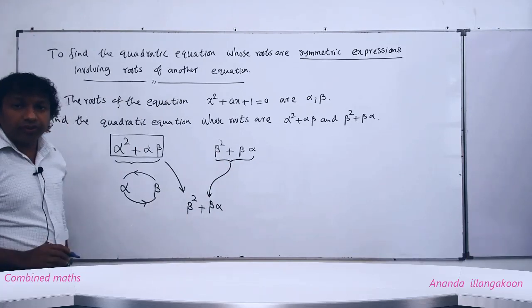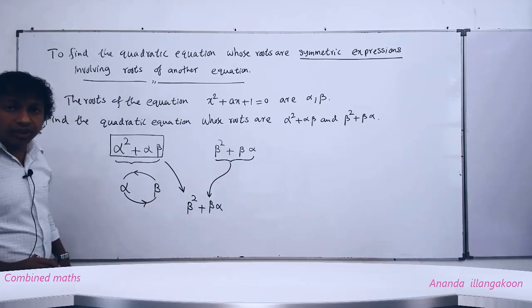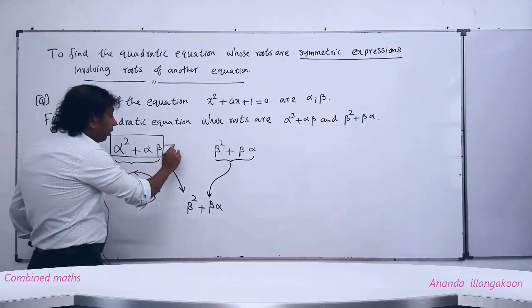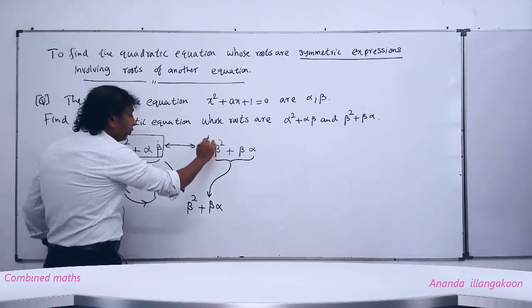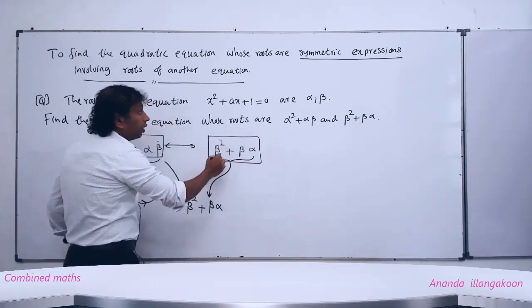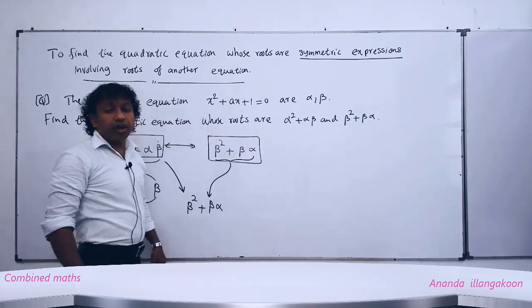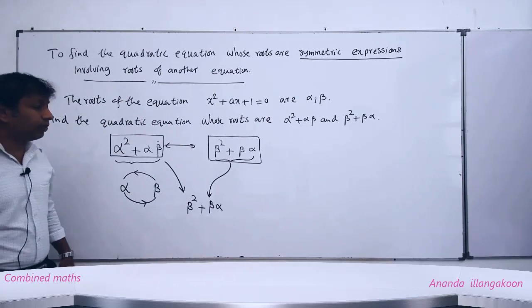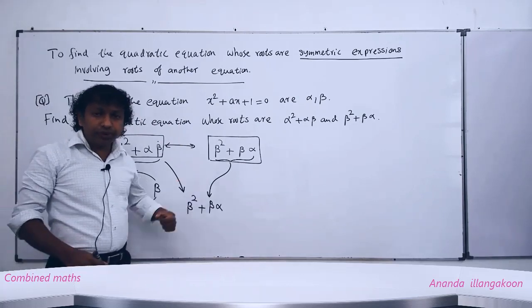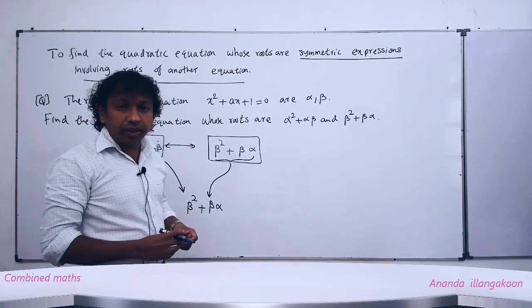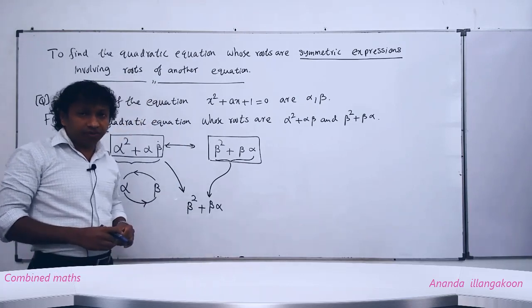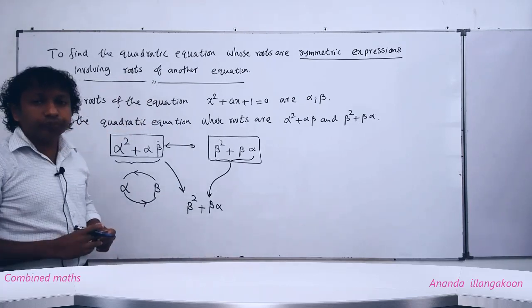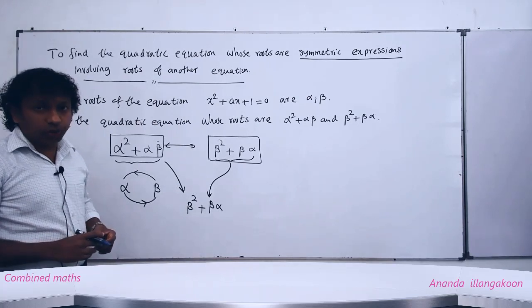Then we say the roots, this and this, are symmetric. Understand? So simply, take one root and identify the number of different letters available. Usually there will be two, definitely.